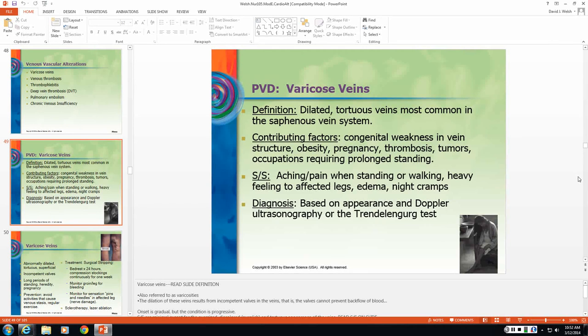Signs and symptoms are basically going to be aching pain when they're standing or walking. Sometimes they're going to have a heavy feeling in the affected legs, edema, and night cramps. Diagnosis is usually based on appearance. You can also use a Doppler ultrasound or the Trendelenburg test.